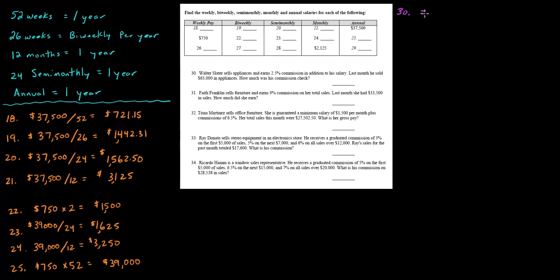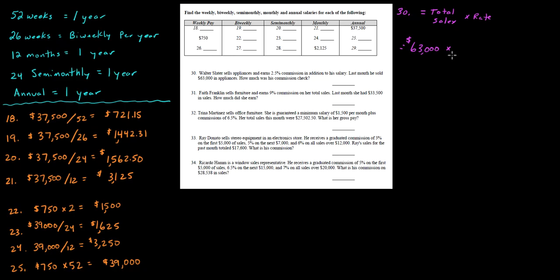Remember, piece rate, the formula is total sales times our commission rate. In this case, the total sales are $63,000. And I'm going to multiply that by my commission rate. The commission rate is 2.5%.